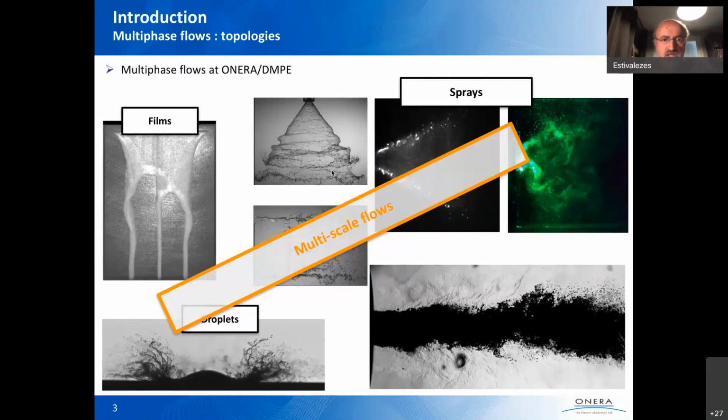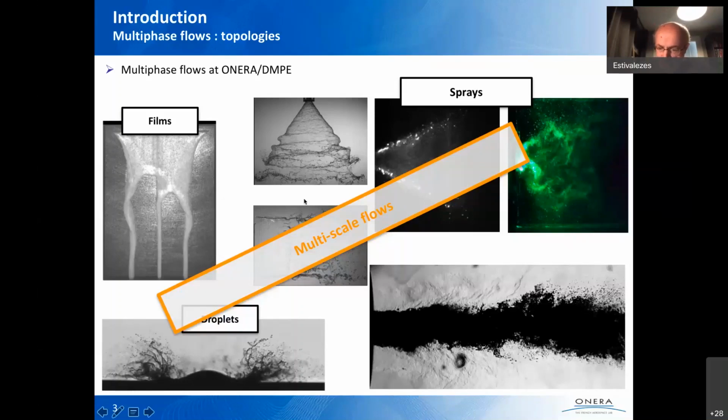So it's really a multi-phase flow ranging from, for example, in this case, an injection system of a few millimeters to a droplet up to several microns, so you have 2 or 3 or 5 orders of magnitude of size variation in this type of physical problem.